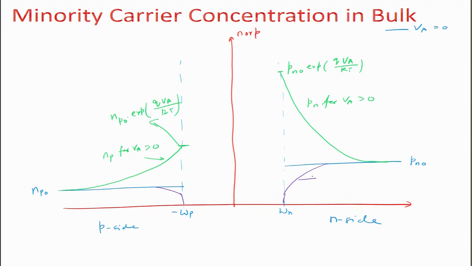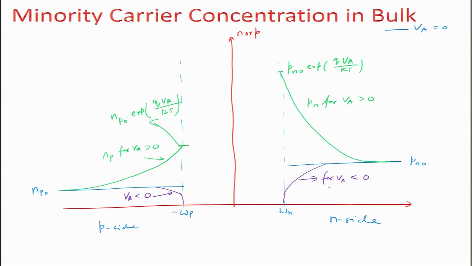So you can see that there is hardly any carrier concentration in the vicinity of the junction in reverse bias, which means no carriers cross on both sides. Carriers are taken away from the junction, so carrier concentration is very small. So no junction current flows when reverse bias is there, and large junction current flows when you have a forward bias.